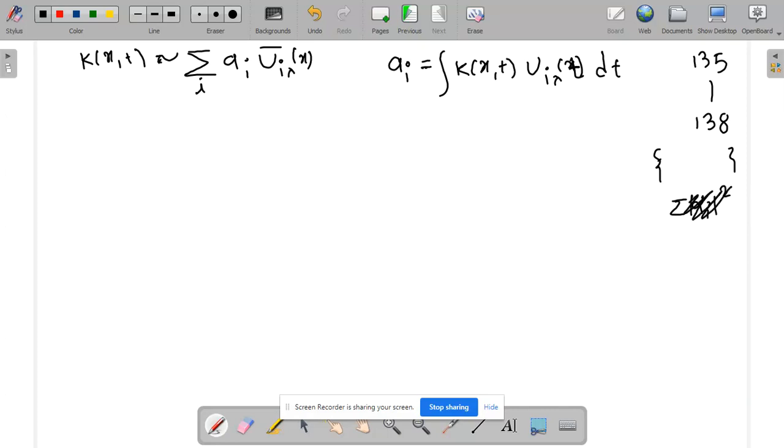Then I can write any function f(x) as the summation of those constants alpha_i and the functions phi_i. It is called the best approximation theorem in your functional analysis paper.